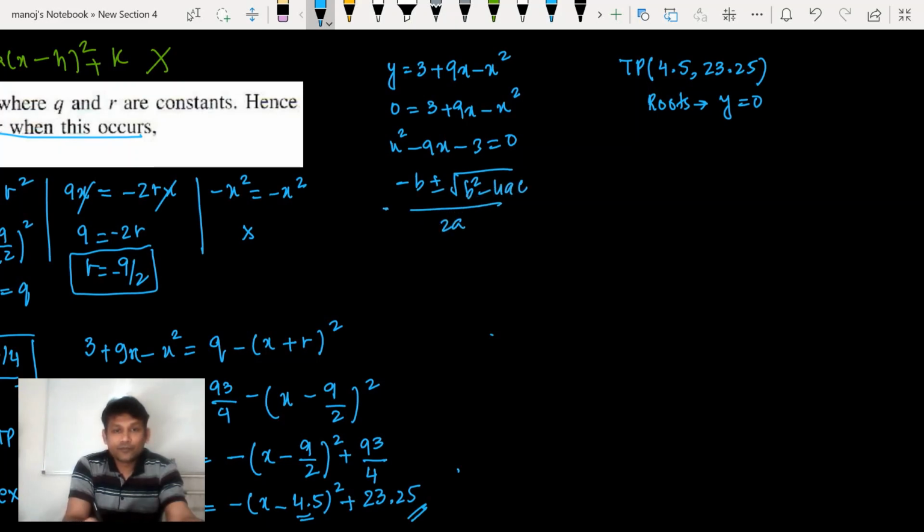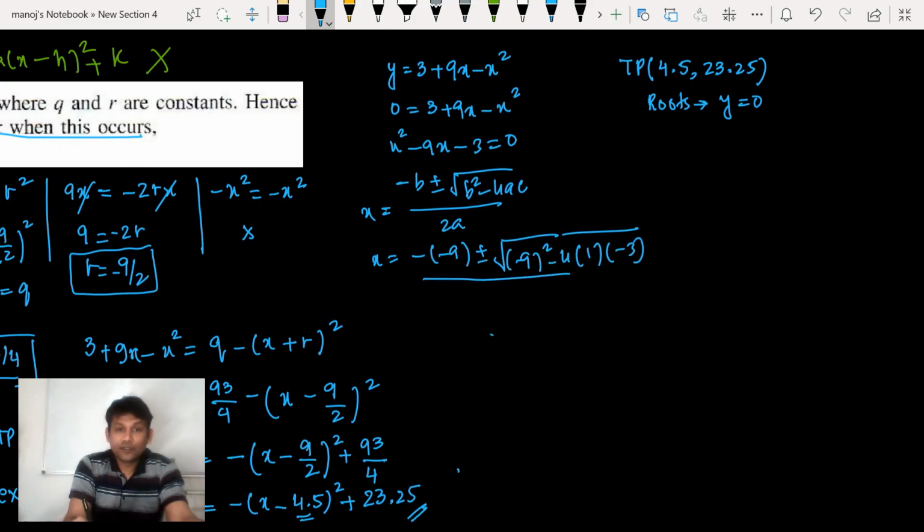So x is minus minus 9 plus minus under root minus 9 whole square, minus 4, a is 1, c is minus 3. This is a long calculation. Yeah, we have to do it. Otherwise I could leave it for you to do yourself, but okay, no problem.